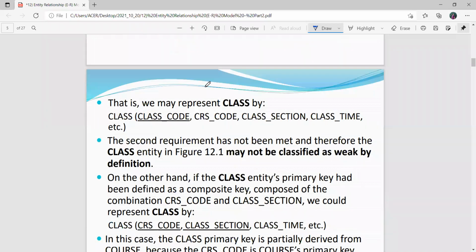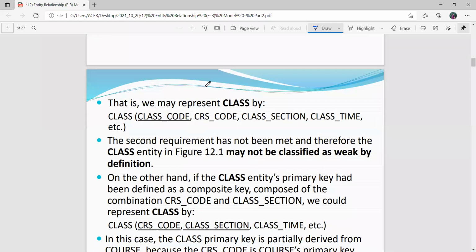As an example, let's take our class. When we consider this class, this is the third session. That means the third class of your database designing and implementation module. So if this third class is to exist, it definitely has a course like database designing and implementation.